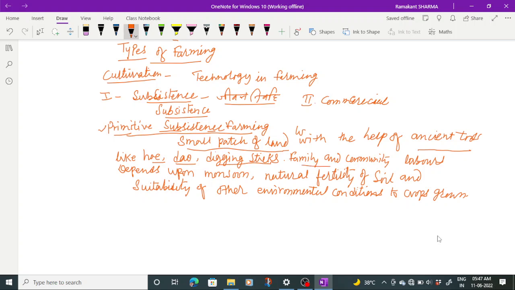The labor is family and community, and it completely depends upon monsoon, the natural fertility of soil and suitability of other environmental conditions.